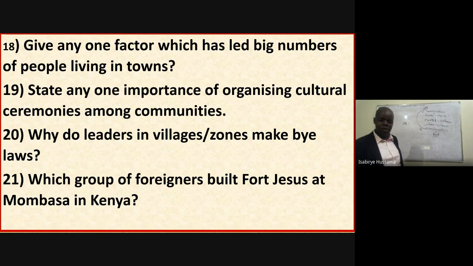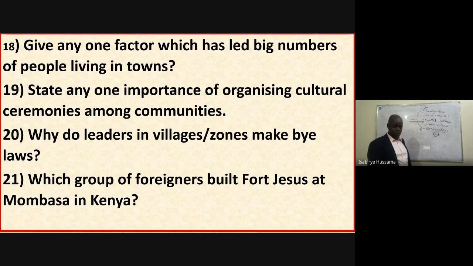Now, what is usually tested here? Let's go to the point. What is usually tested here is what is the cause? What could be the cause of rural-urban migration? This one is very common. Even learners can give the answers very fast. Why people leave villages to towns?